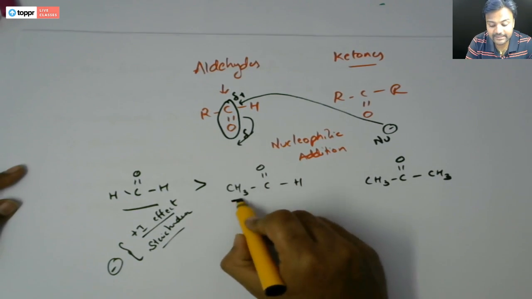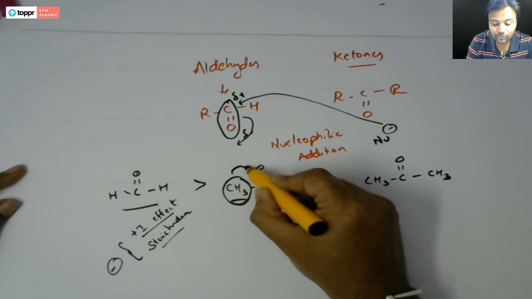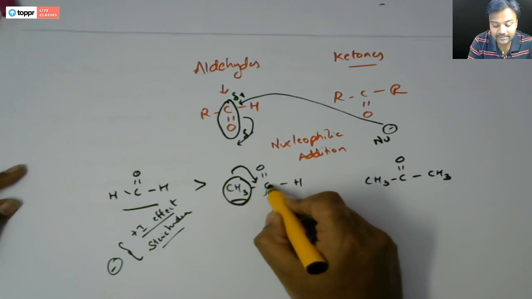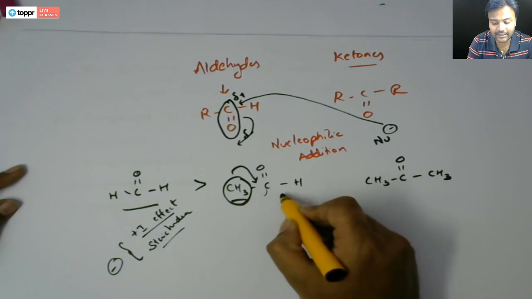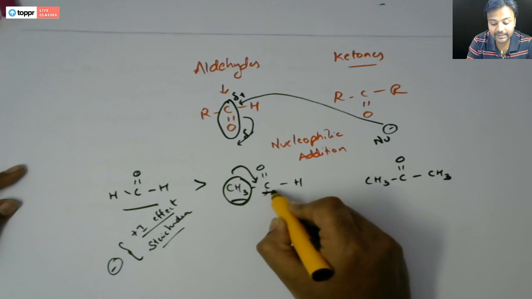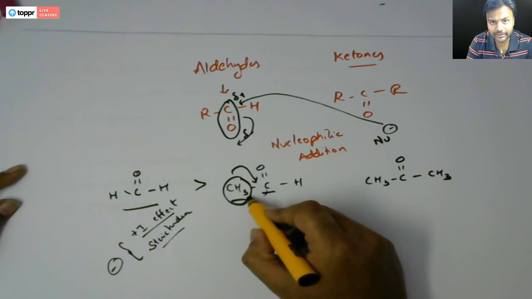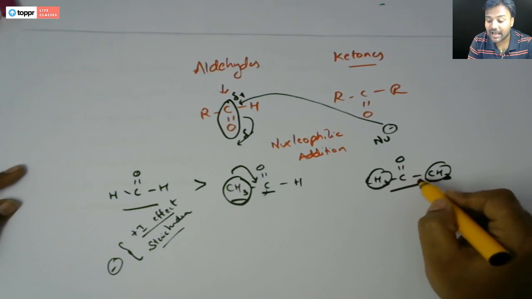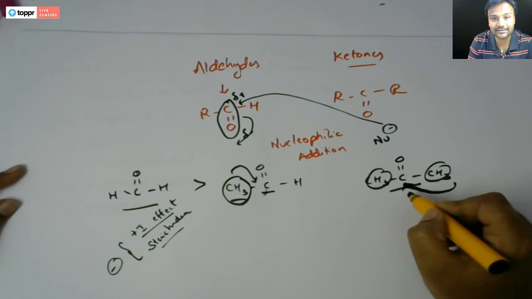Whereas in the case of acetaldehyde, what happens? The methyl group is an electron donating group, so it stabilizes the carbon, and the carbon doesn't want a nucleophile to attack because it is stabilized by the adjacent methyl group. In acetone, you have two methyl groups and it is highly stabilized, and there is also steric hindrance for a nucleophile to attack this carbon.